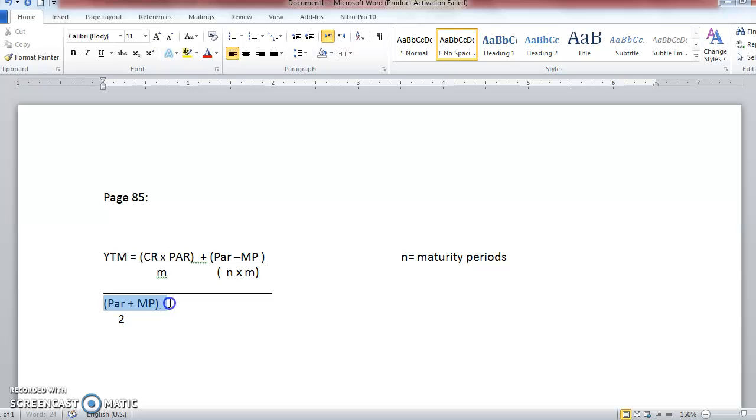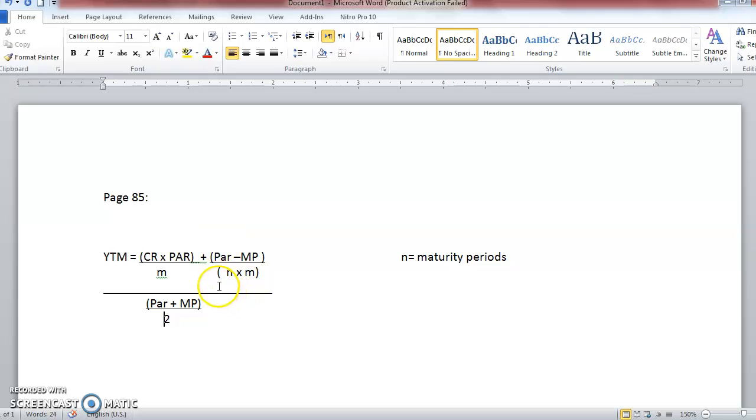This formula is actually being summarized already for you to make it easier for you to calculate, right? So I'm changing this to this one. This is the formula that you can see in the textbook, am I right?